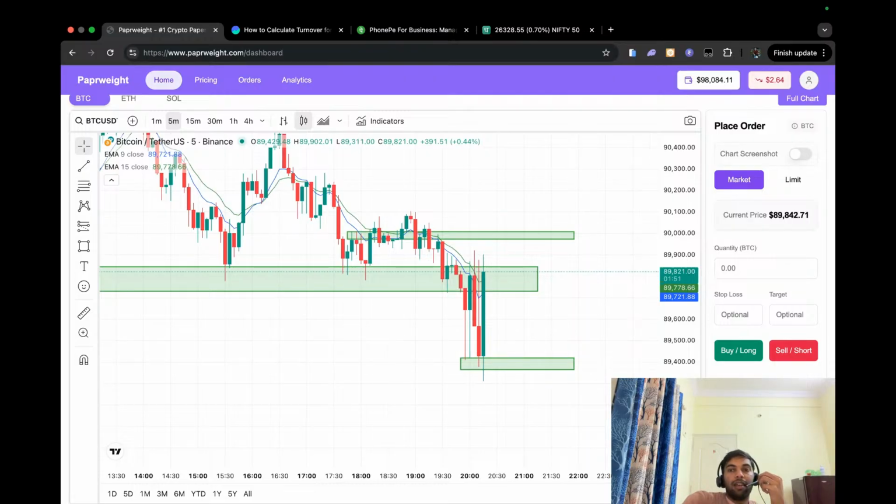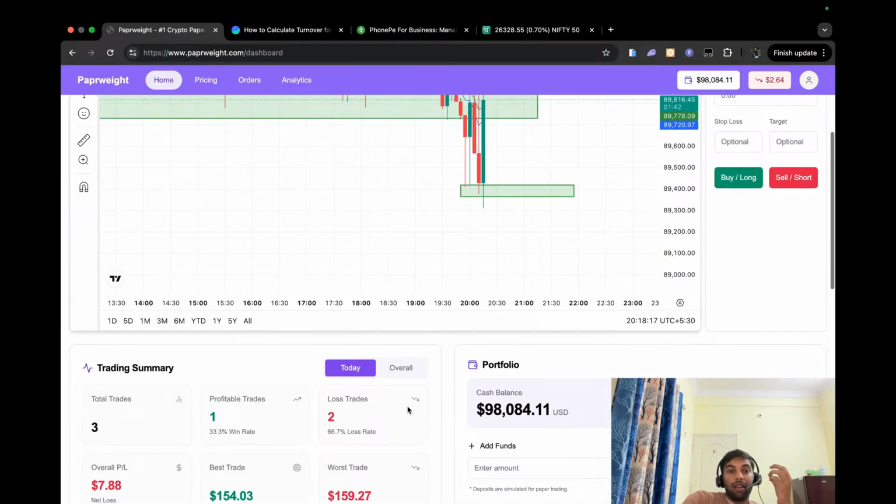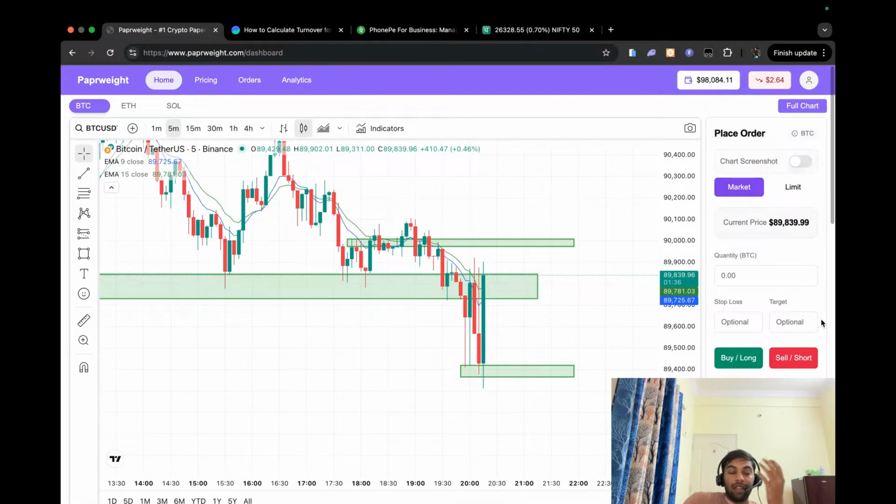See, we barely lost $7 max. But we had an experience of three trades. Out of three trades, we have seen a trade that is crossing more than $300, and that's how you have to stay in the game, and the game is like this only.